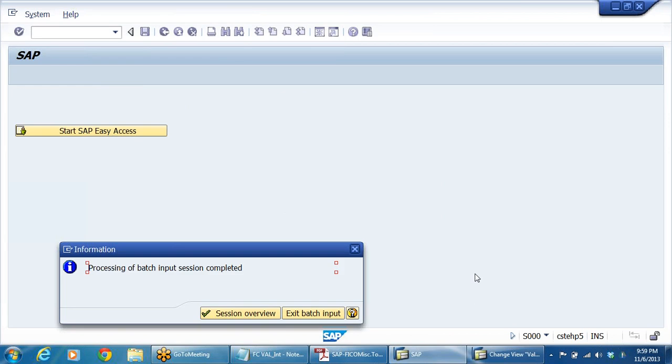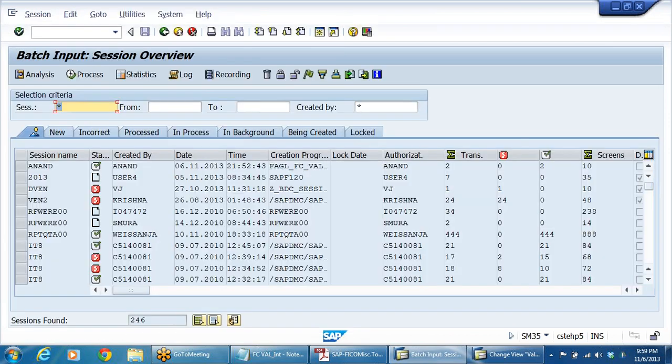Right? Processing of batch is completed. Just give me a second. Right, now the batch processing with a green tick means completed.